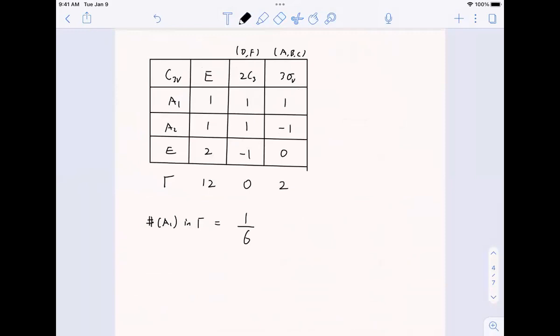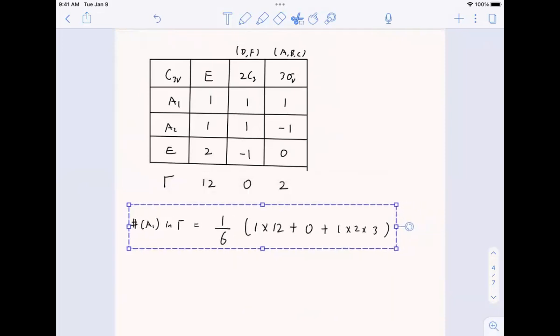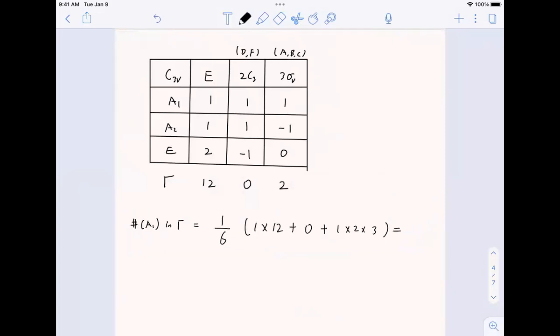Then you sum over: 1 times 12, 0 times this will be 0, 1 times 2 times 3. So this will be 18, divided by 6, this will be 3.